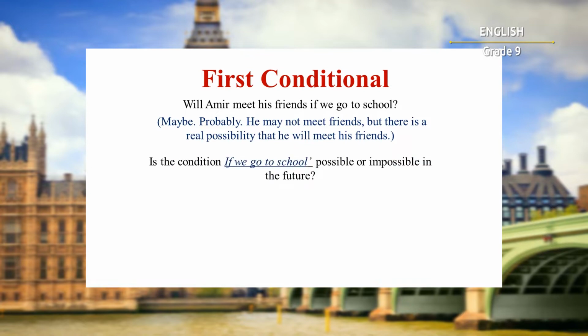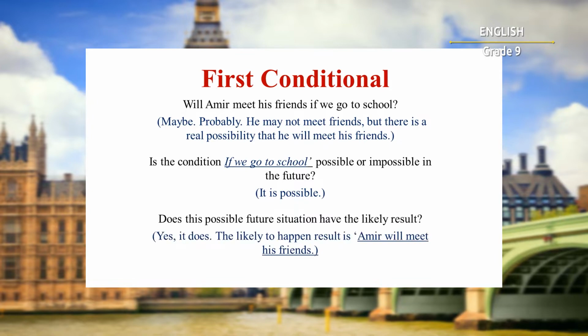Is the condition if we go to school possible or impossible in the future? It is possible. Does this possible future situation have the likely result? Yes, it does. The likely to happen result is Amir will meet his friends.